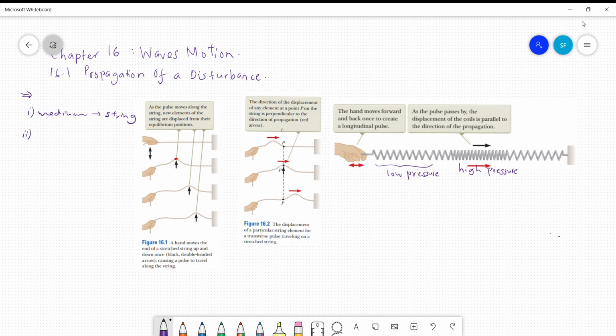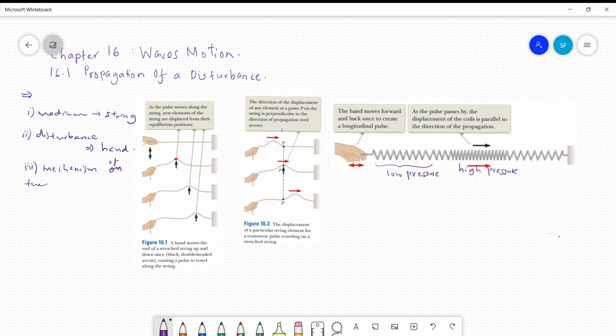Next, we need a disturbance. As you can see in figure 16.1, the disturbance here is coming from the hand itself. The disturbance means something like an external force that we use to generate the wave. And the third thing that we need to generate a wave is the mechanism of the particles.